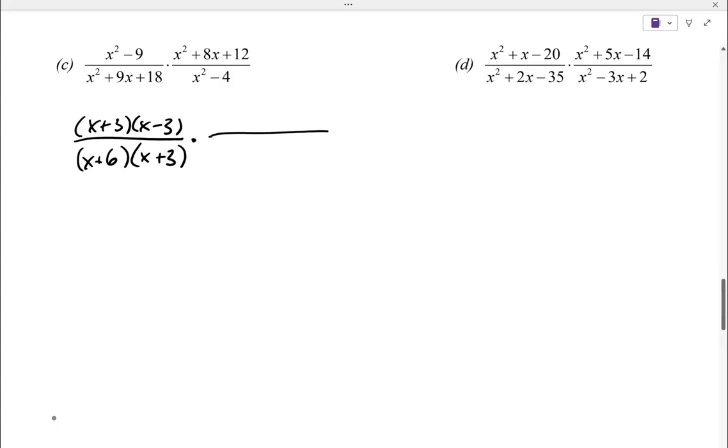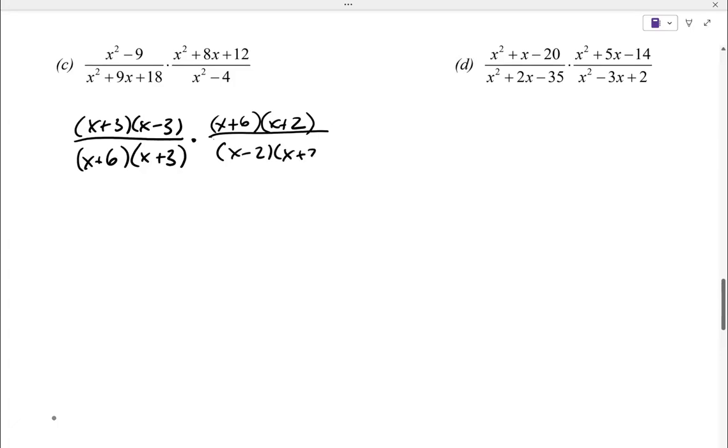Second fraction, how does that factor? The top? Good. X plus 6 and x plus 2. And then the bottom, what is the bottom again? X minus 2, x plus 2. Good.